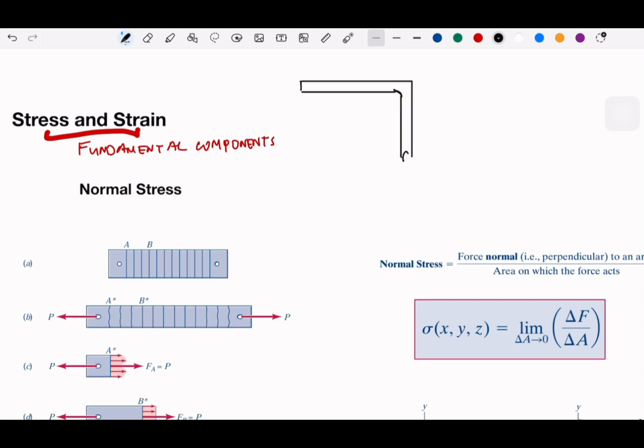Let's say we have a bar here, which has a pin joint at this point, and another pin here. This is B. We call this a two-member force. So let's say we have some load here, which is P.